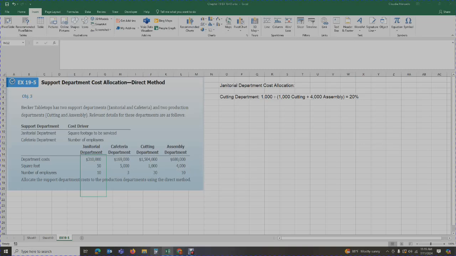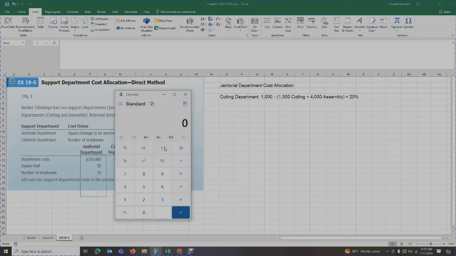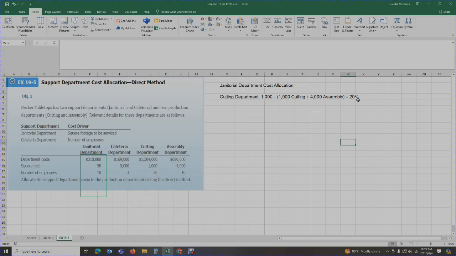So 1,000 divided by the total of 4,000 plus 1,000, that's 5,000. That's going to give you 20%. So that means that 20% of the cost of the janitorial expenses is going to be allocated to the cutting department.